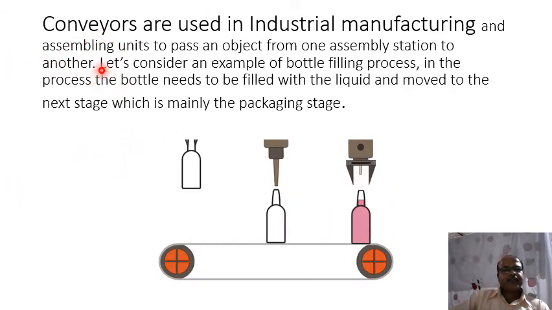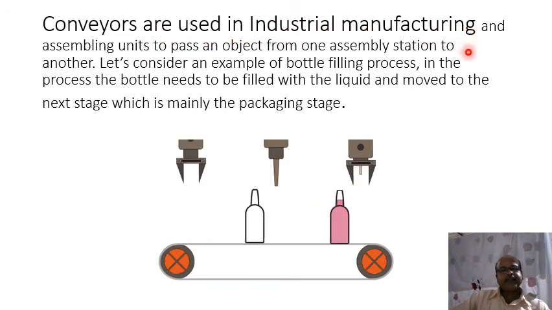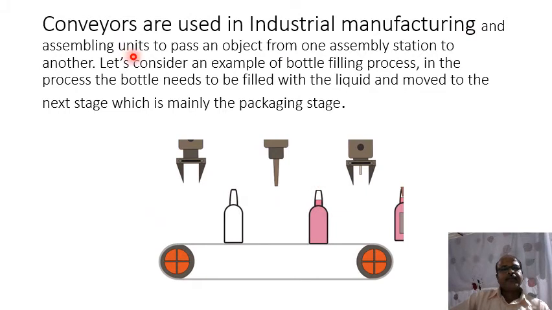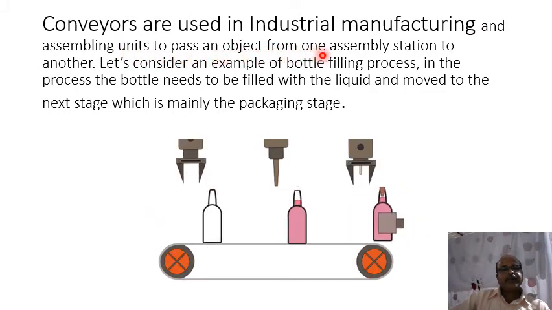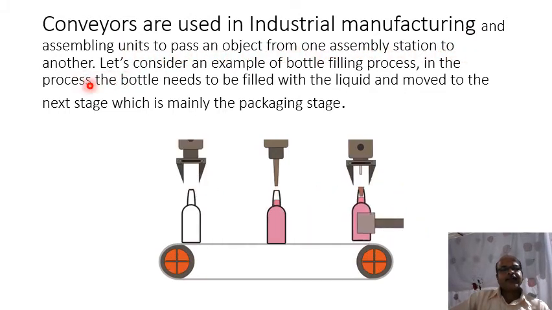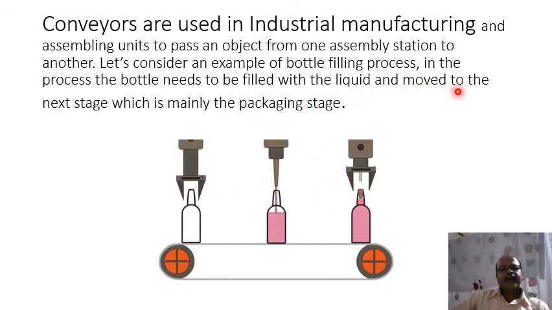Next application is conveyors, which are used in industrial manufacturing and assembling units to pass an object from one assembly station to another. So let's consider an example of bottle filling process. In the process, the bottle needs to be filled with the liquid and moved to the next stage, which is mainly the packaging stage.